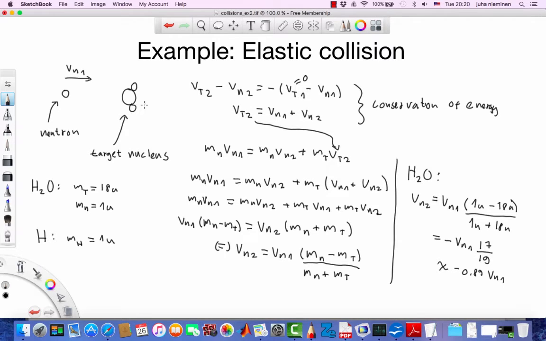And that is the property of an elastic collision, to have the most energy transfer from the incoming object to the other one. You want them to have the same mass.